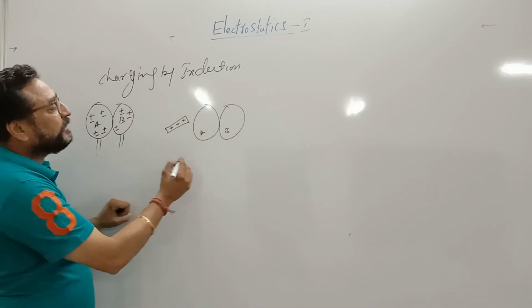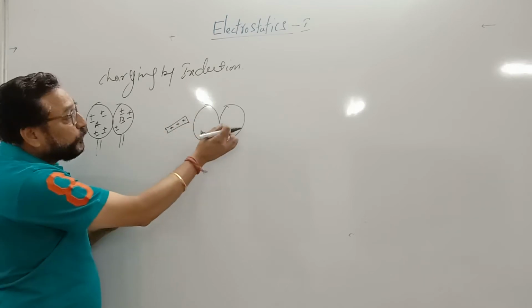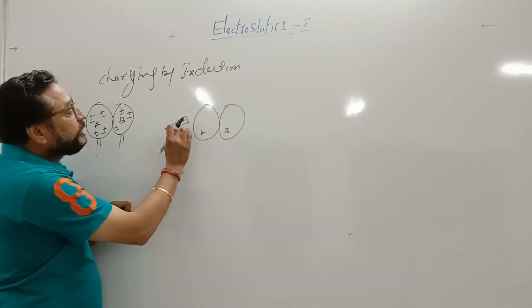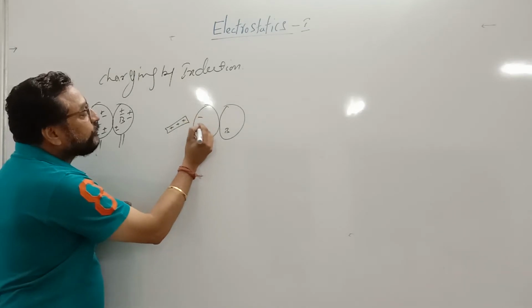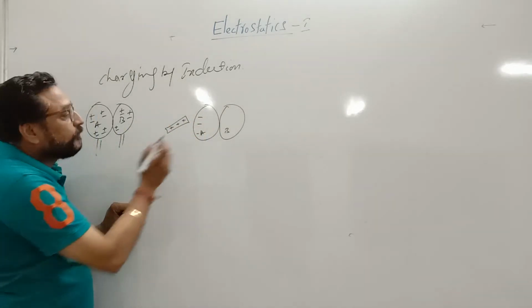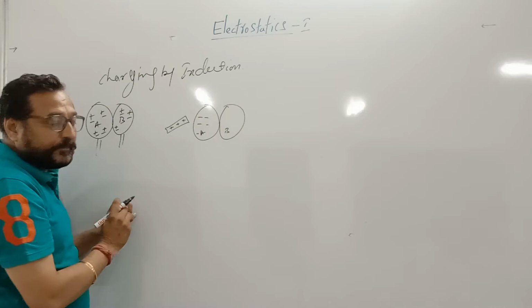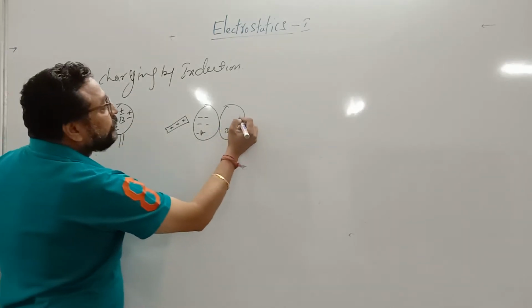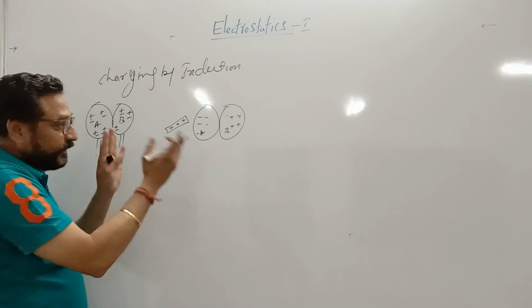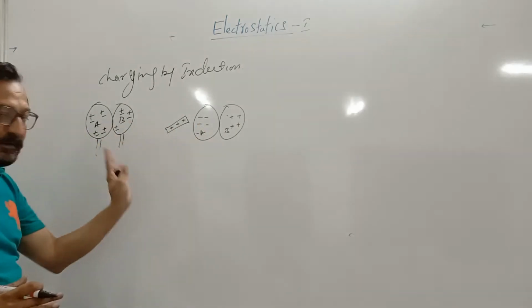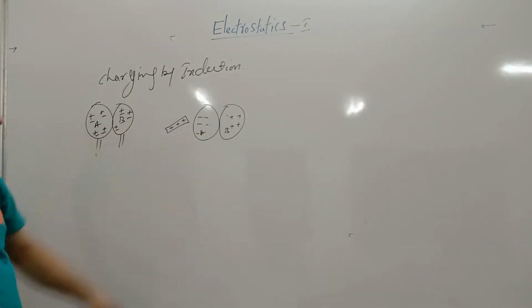Positive. That means in this concept, both are touching, therefore this side becomes positively charged towards this, and negative charge comes to one side and positive charge to the other body. In this condition, they are separated.